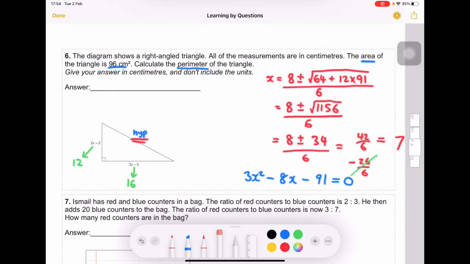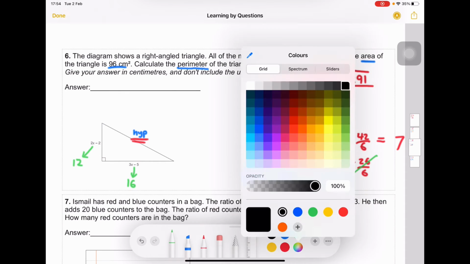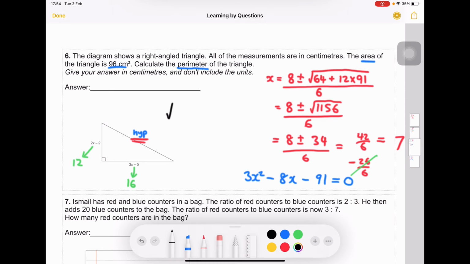So now we need to work out the hypotenuse. Which, by using a calculator, we get 20. So hypotenuse equals 20. Lastly, we need to calculate the perimeter of this triangle. So 12 plus 16 is 28, plus 20 is 48.